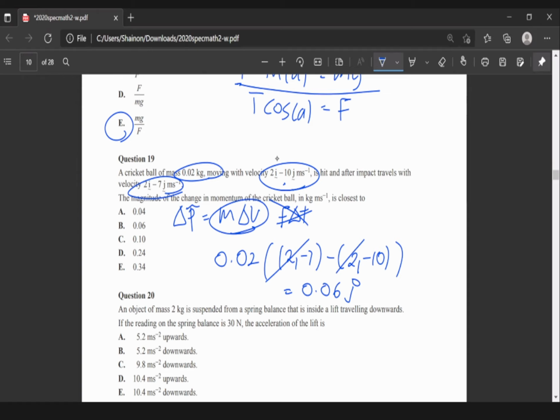Negative 7 minus negative 10 is going to be 3, yeah, should be this answer, which is B.